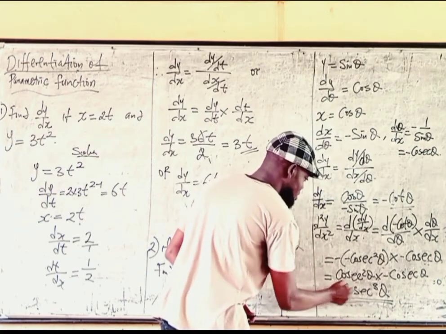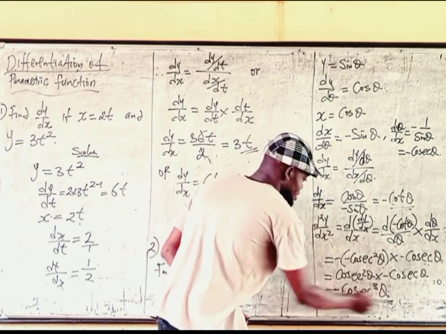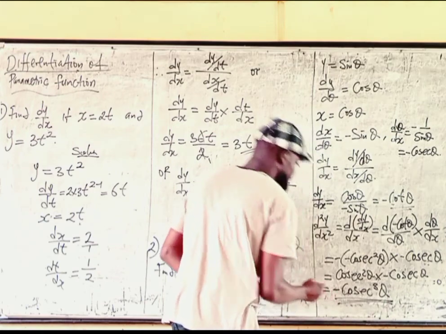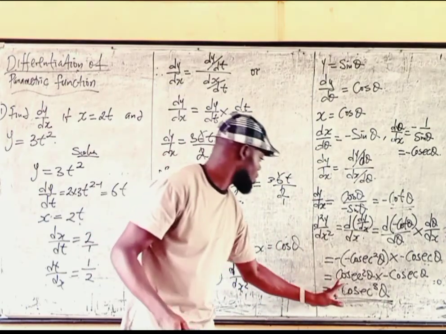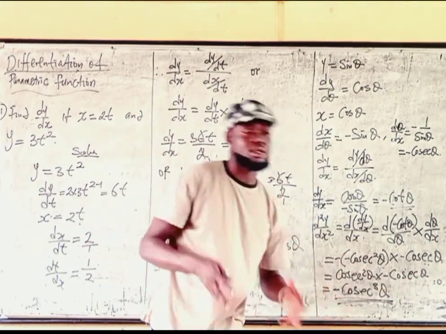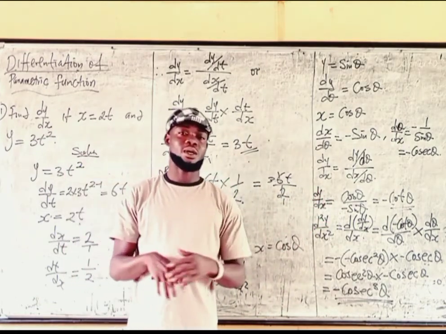The minus here will still be shown, so the answer will be minus cosec cube theta, because cosec square times cosec will be cosec raised to power 3.